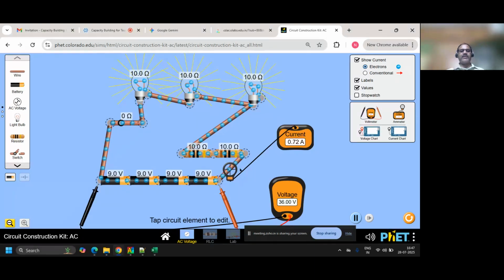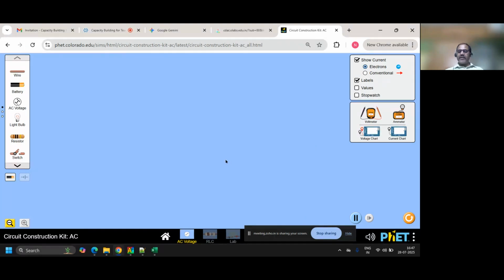I have connected all these things and I don't have to buy anything. Still, I can visualize the whole stuff. Once I show my students, I can reset, and let some other student come and then show.